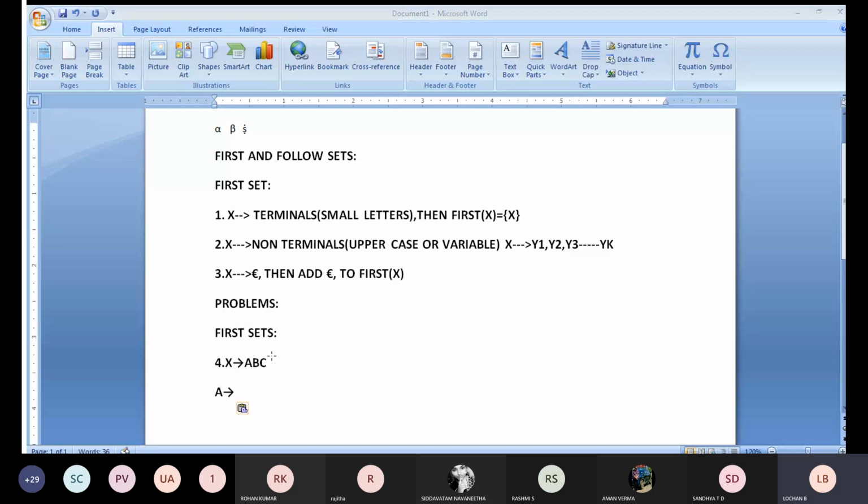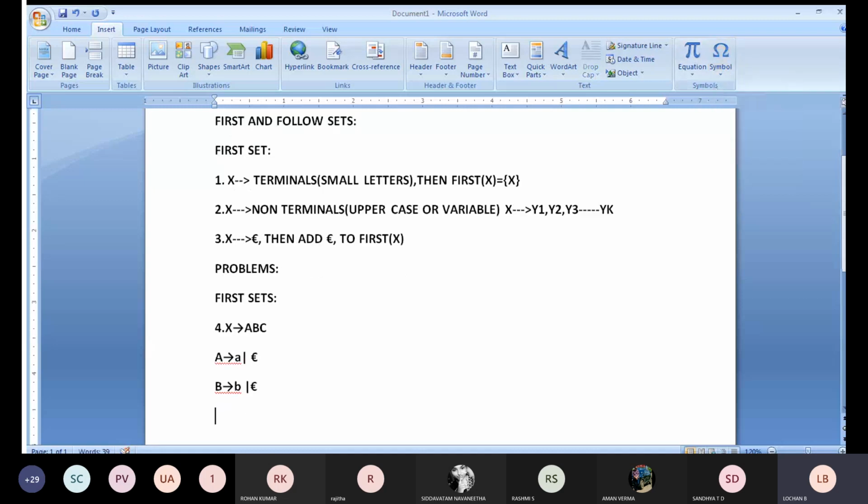A implies small a or epsilon, I'll take in this particular case. Next I continue the production: B implies small b or epsilon, I will take. Next, C implies small c, I will take. So this is the solution they have given.